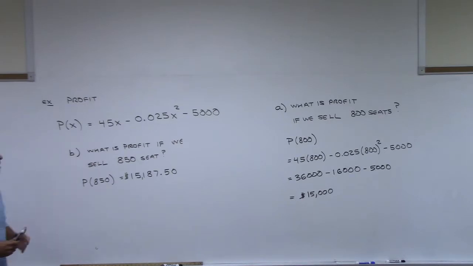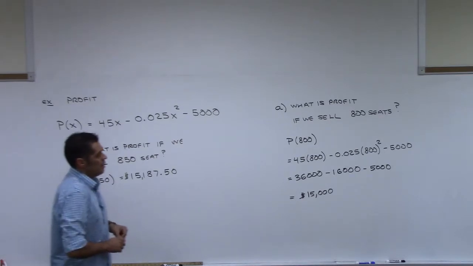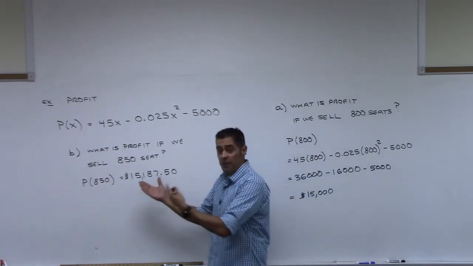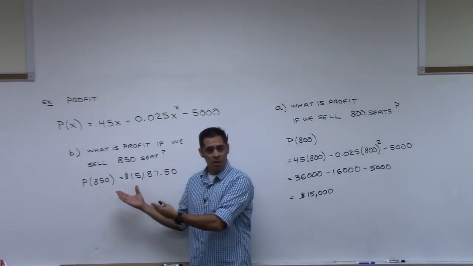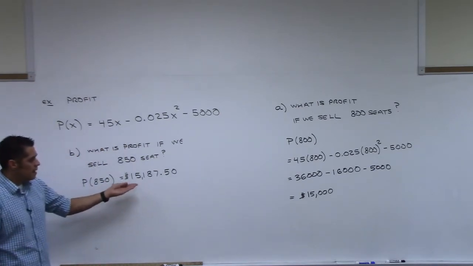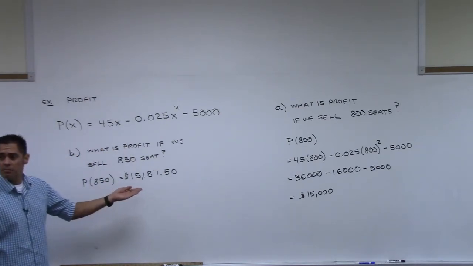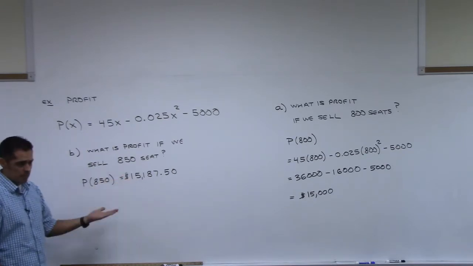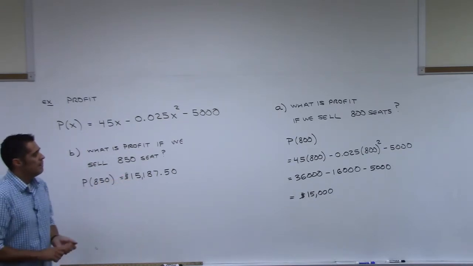So what this is telling us is this: if we sell 800 car seats, we're going to make 15,000. If we sell 50 more car seats, our profit will go up by how much? $187.50. Yes? Okay.